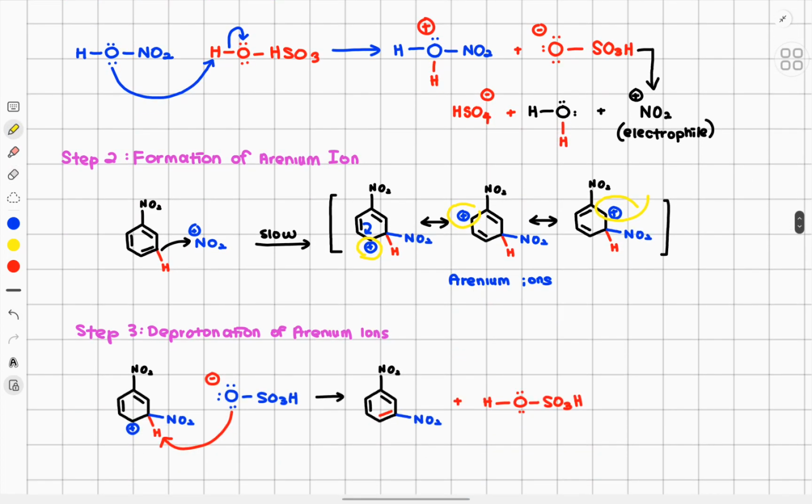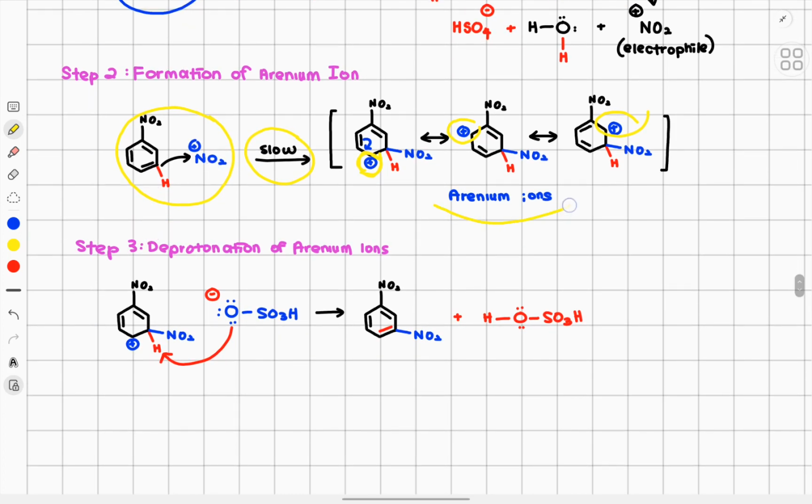For the formation of arenium ions, we will need to have three types of arenium ions with different places of the charge. Don't forget the slow reaction here and how the benzene ring attacks the electrophile.